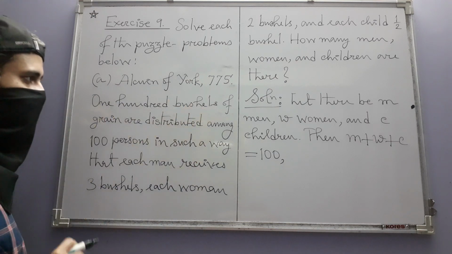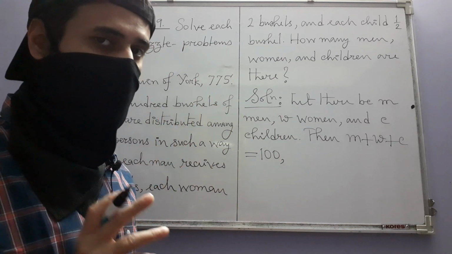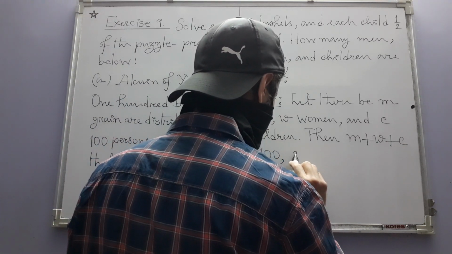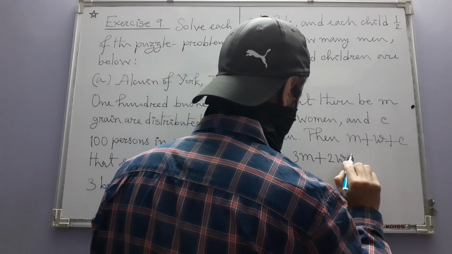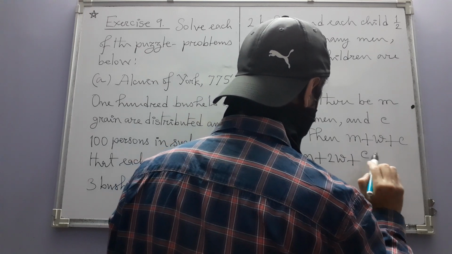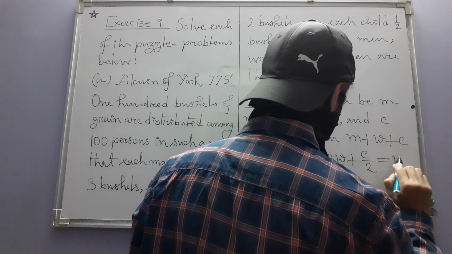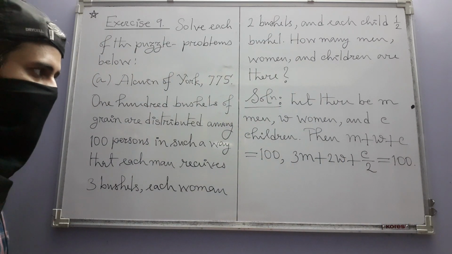And 100 bushels are there and they have been distributed completely. So that means 3m plus 2w plus c over 2 is equal to 100. So we get this other equation.